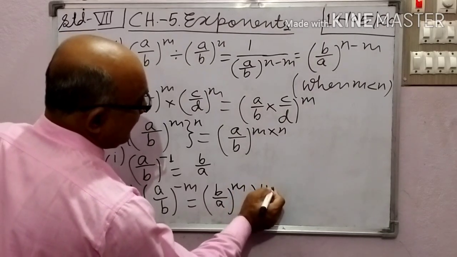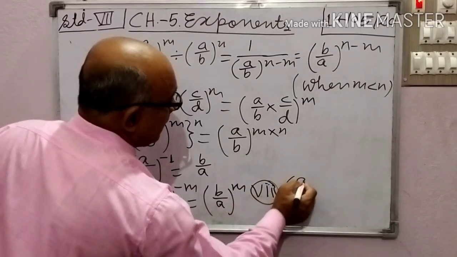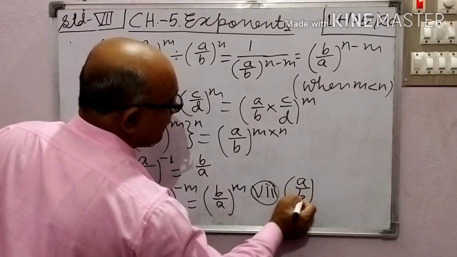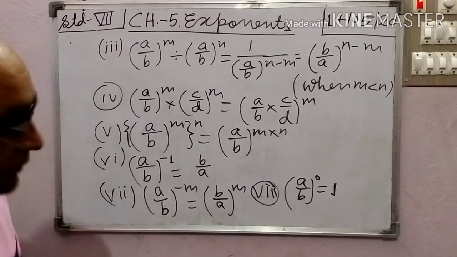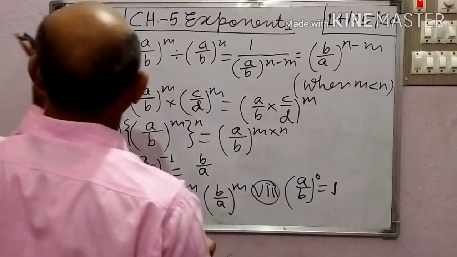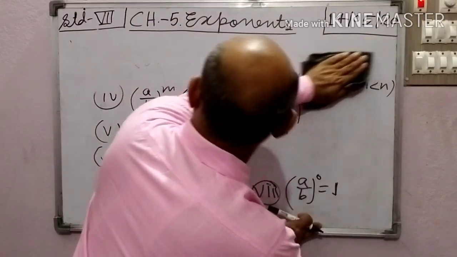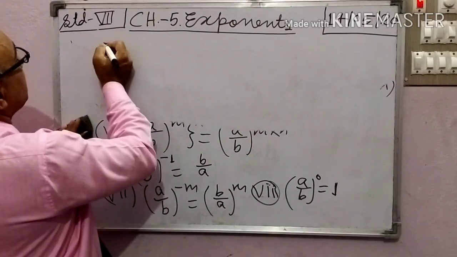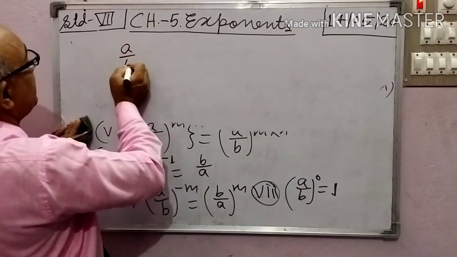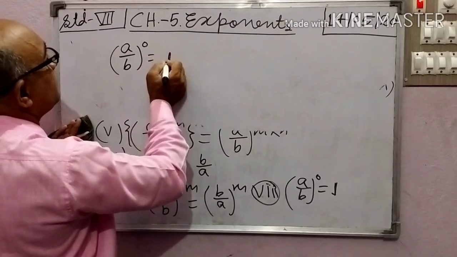And last, law number 8: (a/b) to the power 0 equals 1. Students, law number 8, (a/b) to the power 0 equals 1.